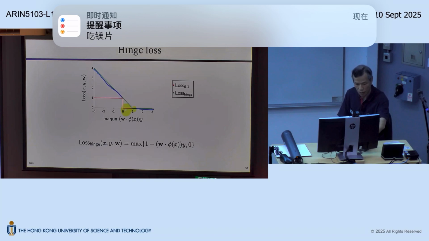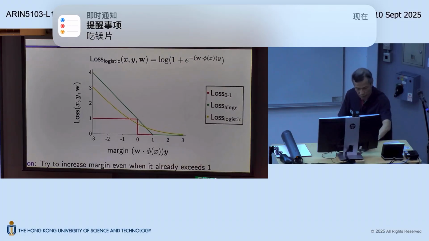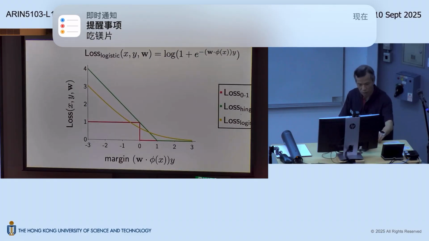Of course, you can use other losses. If you have done some statistics, you have logistic regression, which uses the logistic loss, and this is the equation of the logistic loss. Or better, look at the diagram. This is the yellow curve.